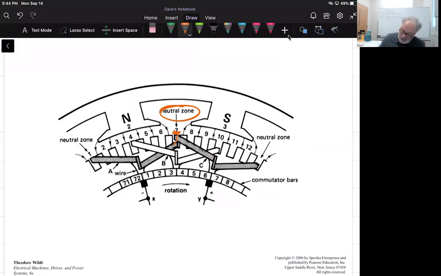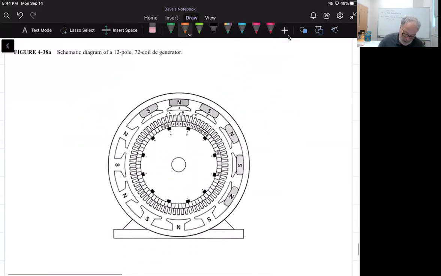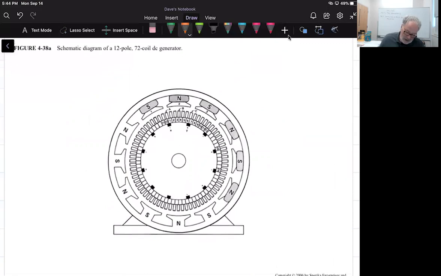He says the generator in figure 4.38, this is example 4.2, generates 240 volts between adjacent brushes and delivers a current of 2400 amps to the load. Calculate the current delivered per brush set, the current flowing in each coil, and the average voltage induced per coil.